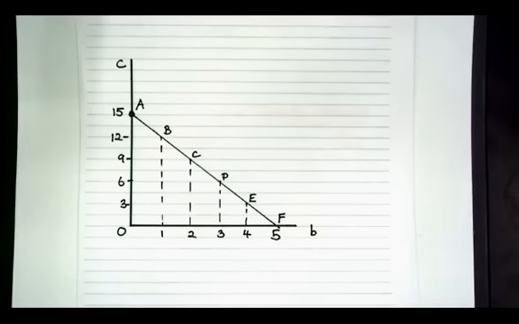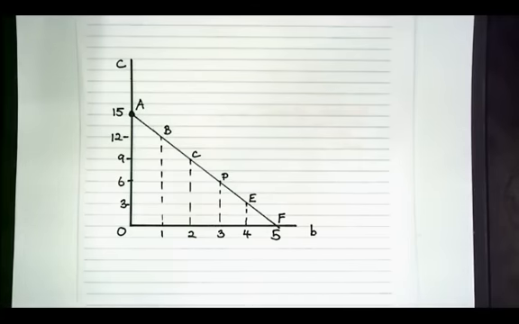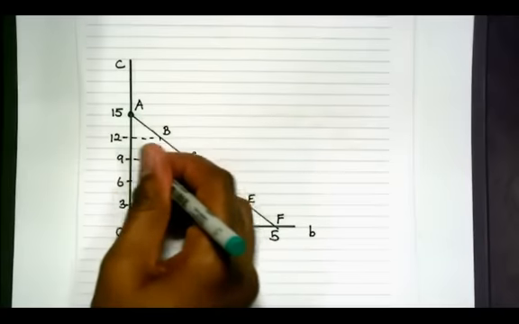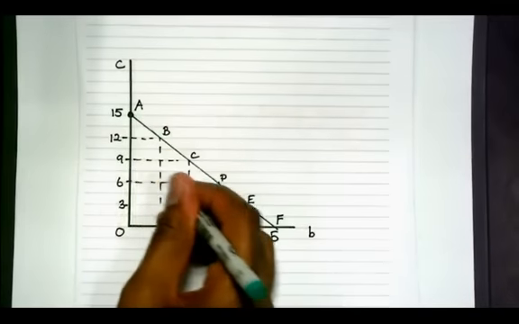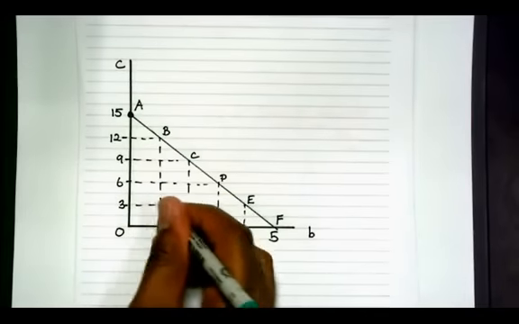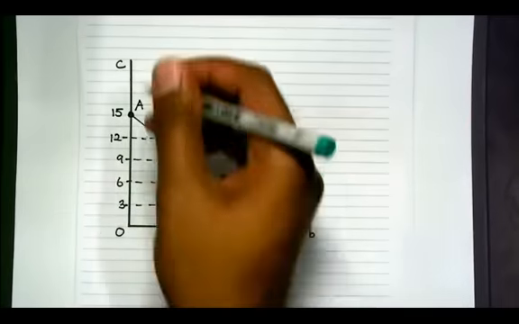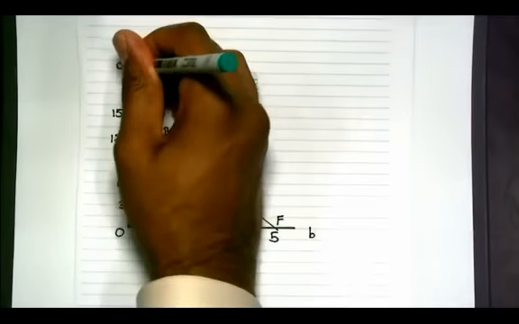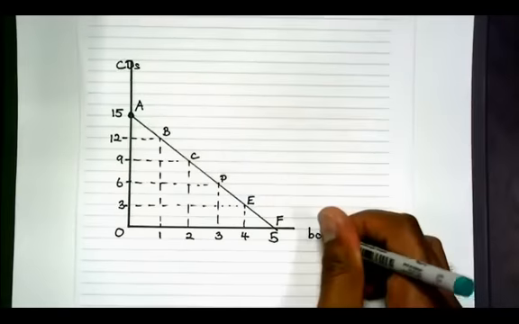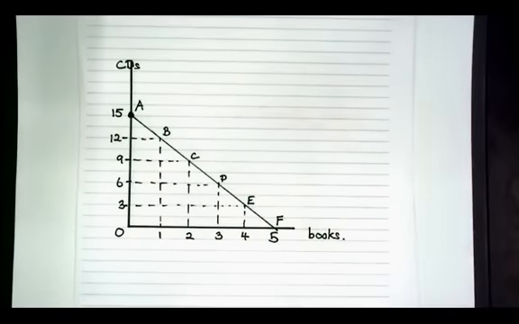What are we currently producing? 15 million CDs and 0 books. At the moment we're producing 15 CDs and 0 books. Agree with that?